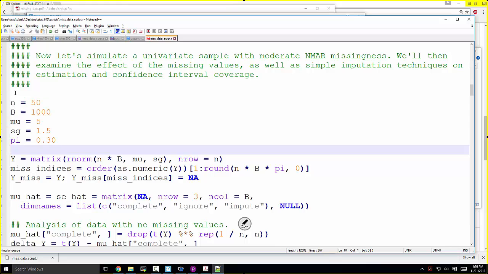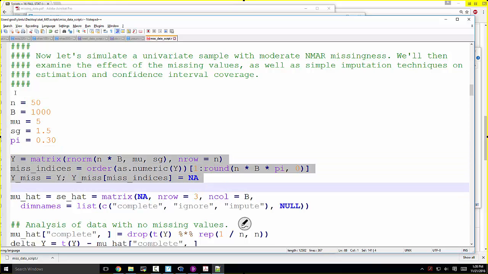But now what I'm going to do to create the missingness is, in the second line of that highlighted chunk, I'm going to order or sort the values of the response, and I'm going to take the top so many and replace them with NA.